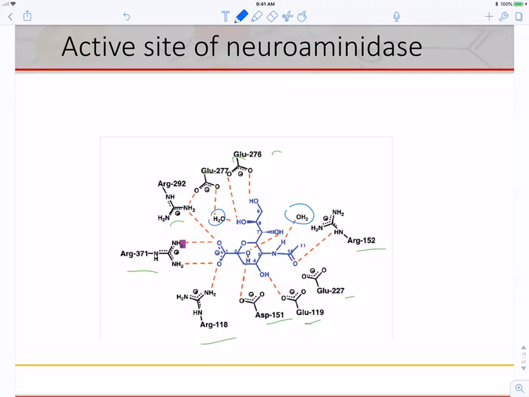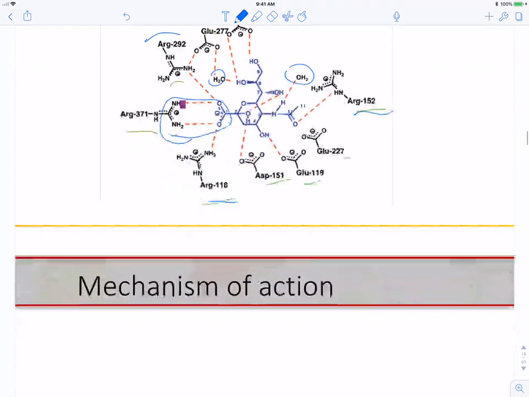Okay. The other thing that we can notice is this bidentate hydrogen bond between the carboxylate on sialic acid and an arginine. And then various other polar interactions, again containing several arginines as well as negatively charged residues.